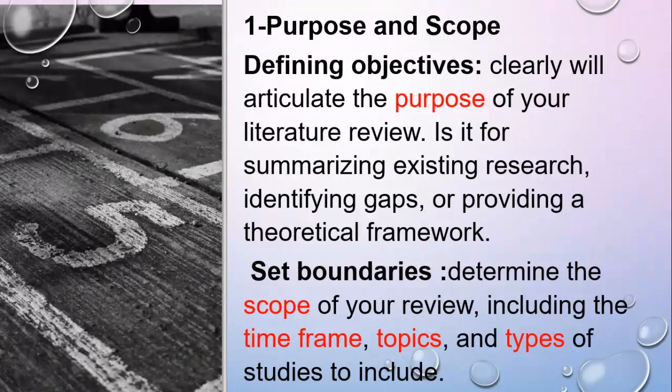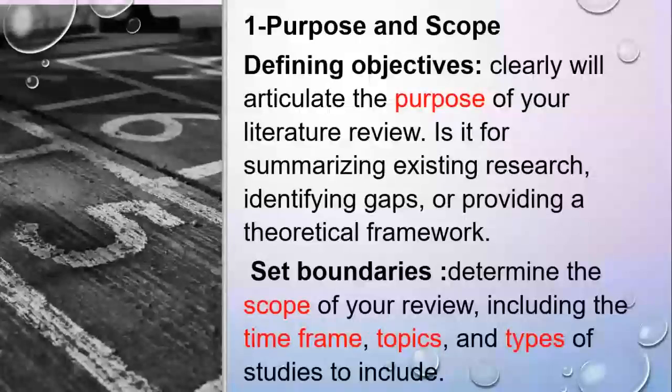Also, we need to set the boundaries of our review, and that is by determining the scope, the limitation of the study and the scope of your review, by including a time frame, topics, and types of studies to include. We'll talk about this point later.